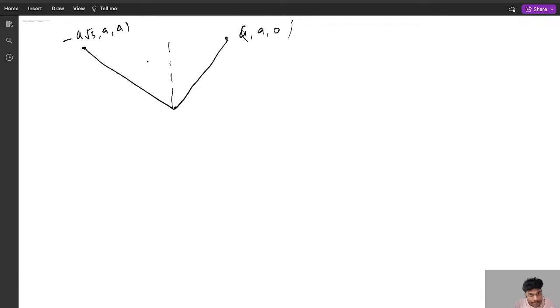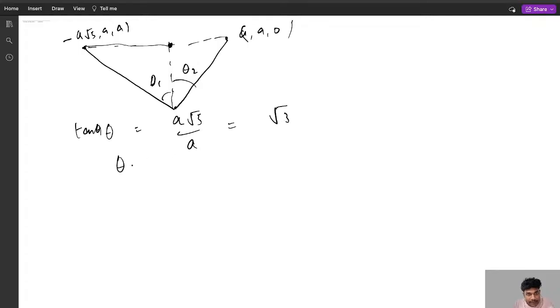And this is our theta 1 and this is our theta 2. For theta 1, tan theta 1 is equal to, what is this distance from the origin? That is a root 3 upon a. From here we get theta 1 is equal to pi by 3.